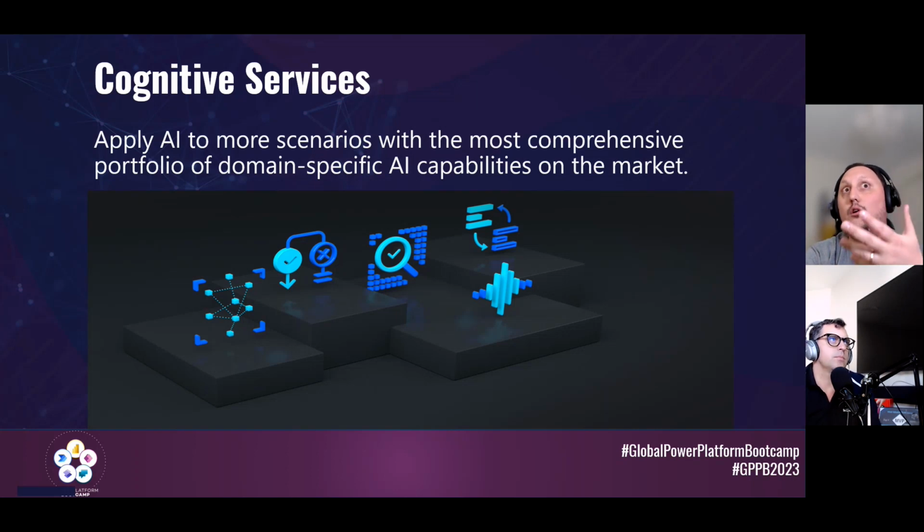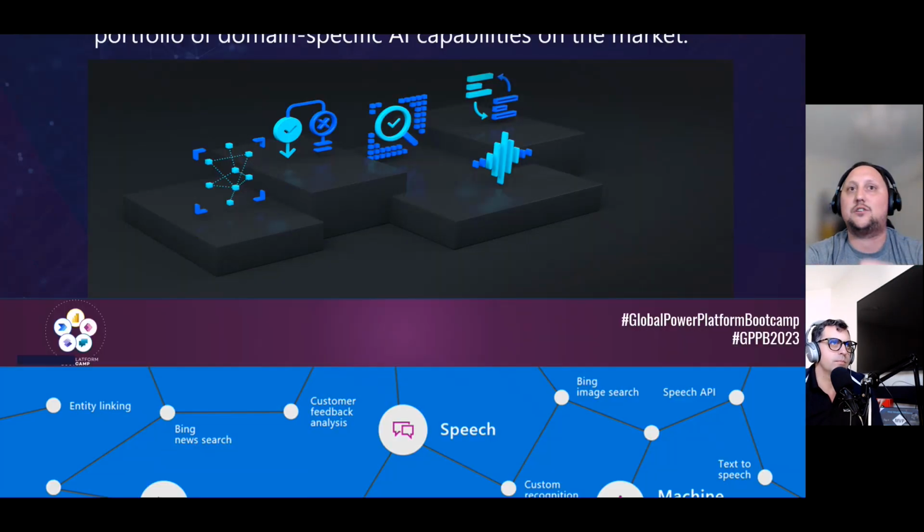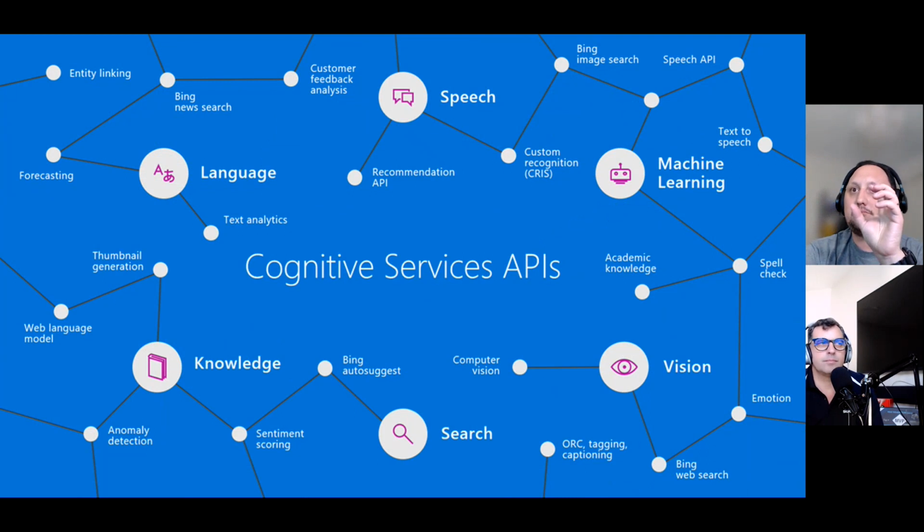We are going to use natural language processing, or LUIS, Language Understanding, for the demo, because we need to understand what the user needs, what information the user needs from the Power BI tenant. Because of that, we are going to use natural language processing to understand the intention. But quickly, Cognitive Services are exposed by APIs.